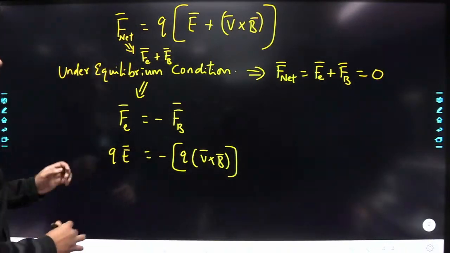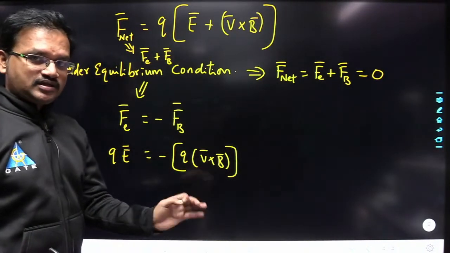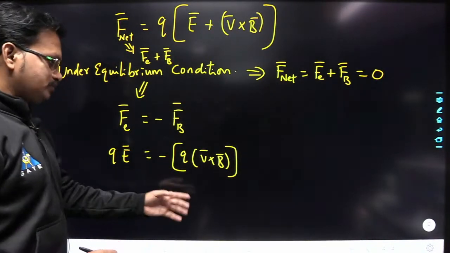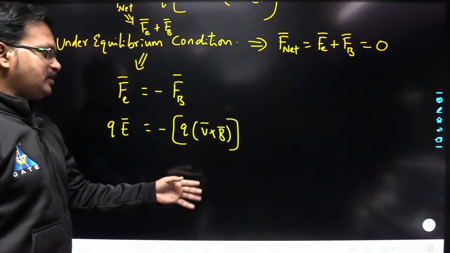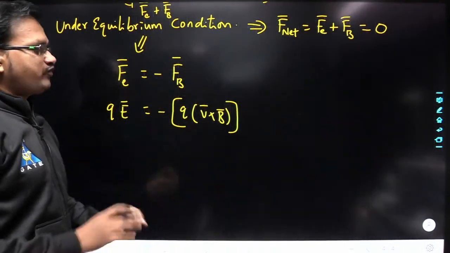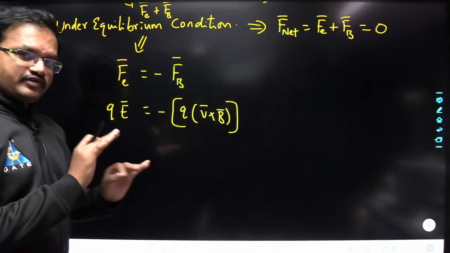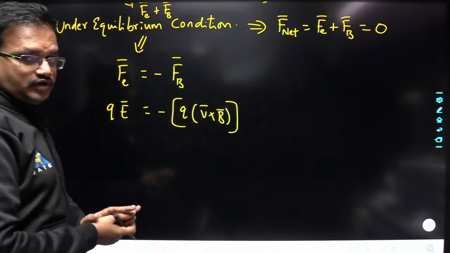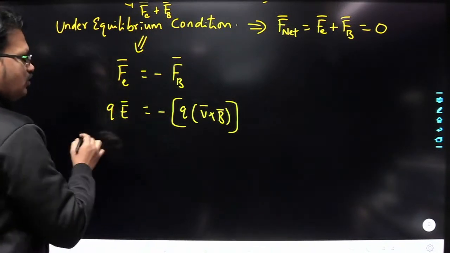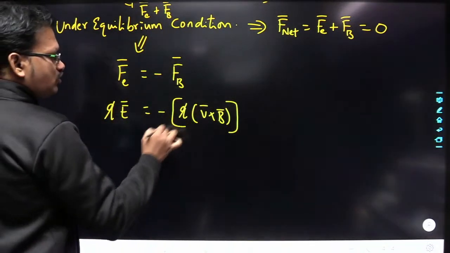So here I am telling you the second method, the simplest method. Forget about all the other things, the conducting bar moving in the B field, everything. Just listen to this. Here Q will get cancelled.